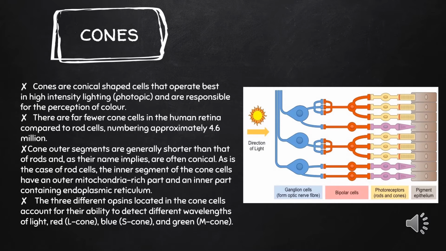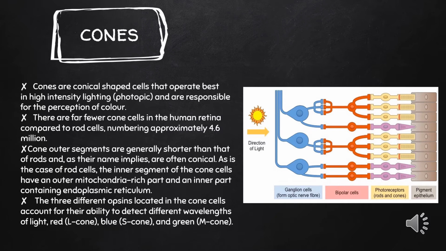There are about 4.6 million cone cells in the human retina, compared to rod cells numbering 92 million. Their segments are generally shorter than those of rods and often conical.